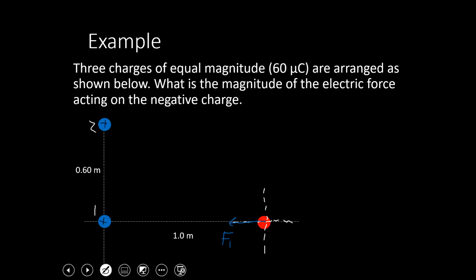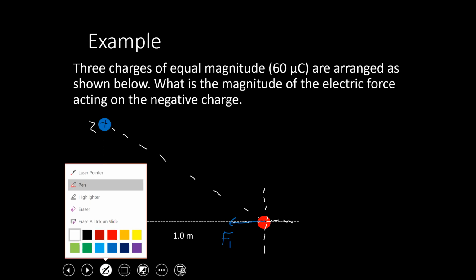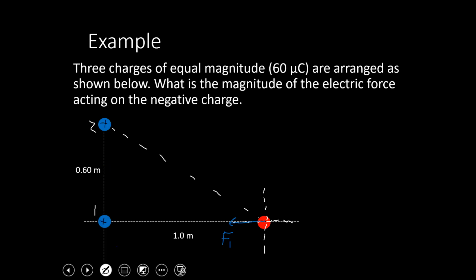Let me draw a line connecting charge 2, the positive charge on top, to the negative charge. So I'll try my best to make it straight, but okay. So that means my force will be looking something like this. F2. Now, okay, I'm not drawing my forces to scale because I expect F2 to actually be smaller than F1.